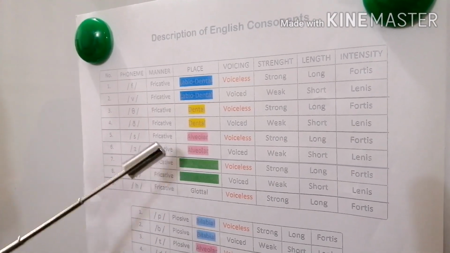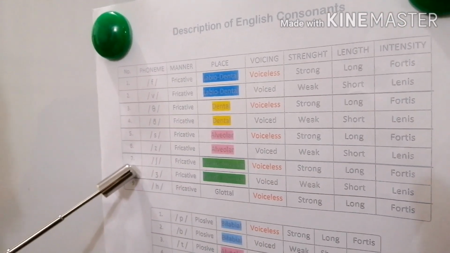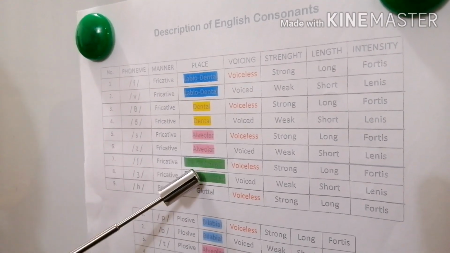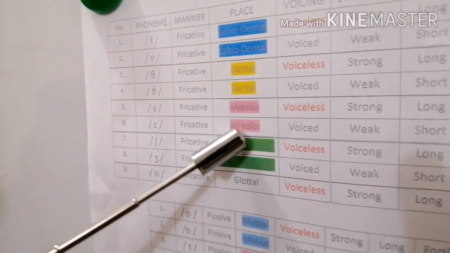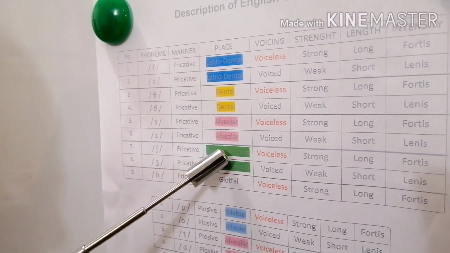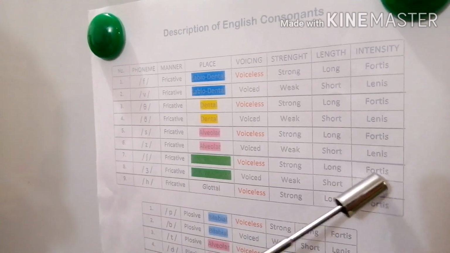Six, fricative, also alveolar, voiced, weak, short, and lenis. The seventh one is also fricative. It is palato-alveolar, voiceless, strong, long, and fortis.